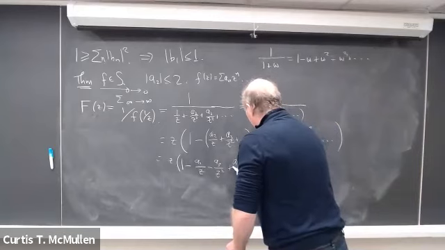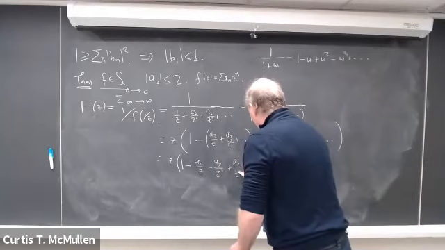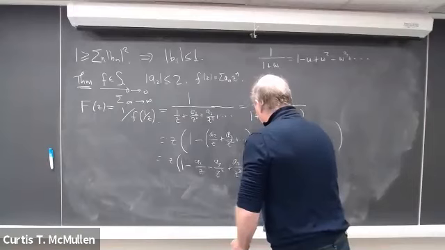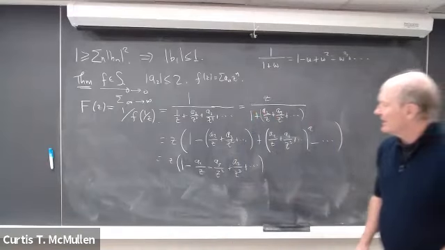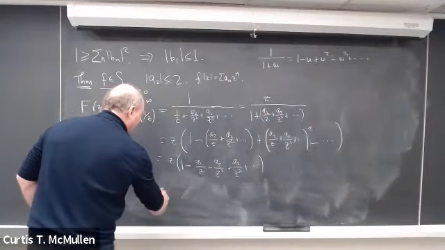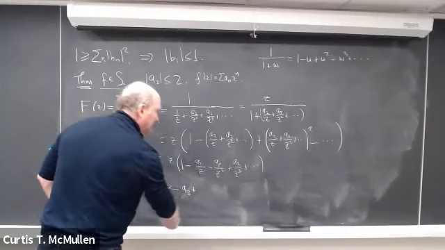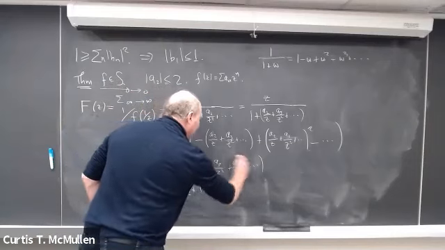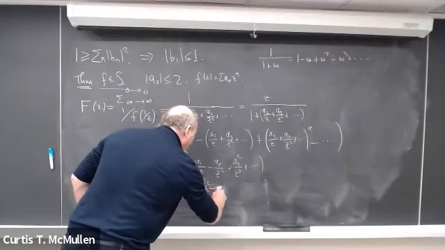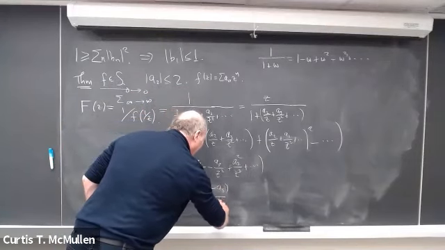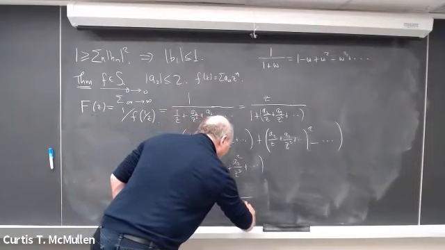So plus a2 squared over z squared, and so on. So the power series begins z minus a2 plus, this was a2 squared minus a3 over z plus something over z squared, etc.